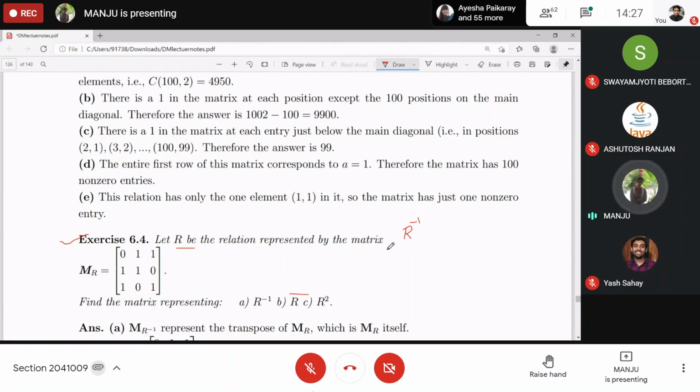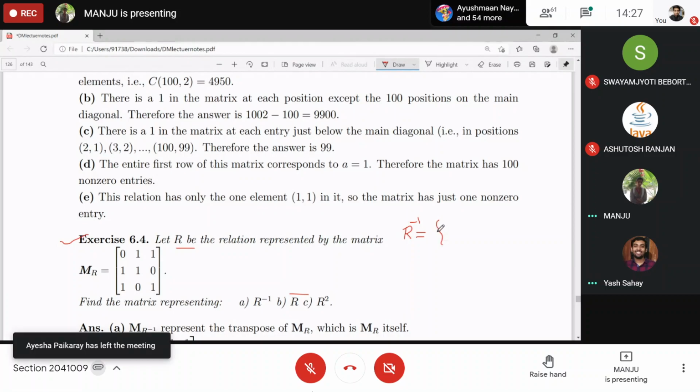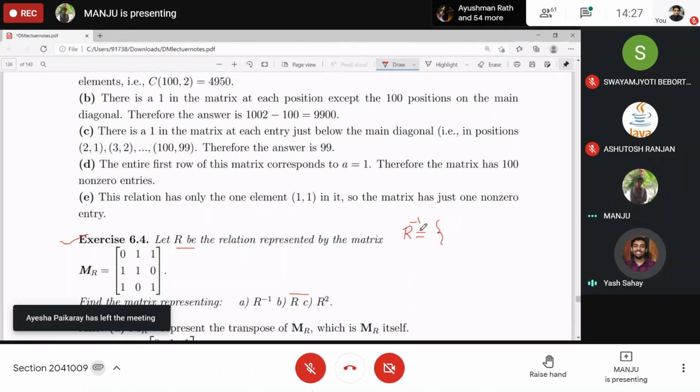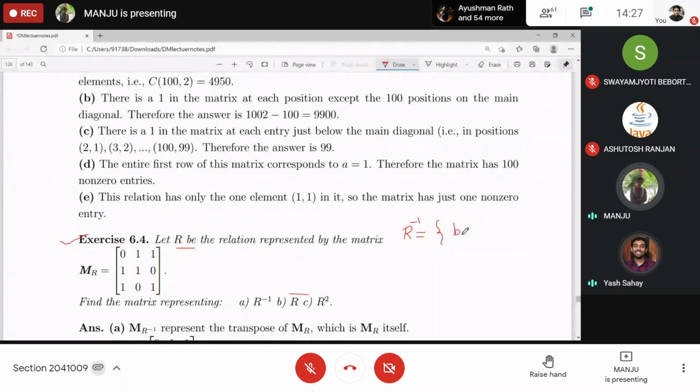If R is the relation from A to B, what about R inverse? R inverse will be the relation from set B to A, and the ordered pairs will be B comma A, where A comma B belongs to R. Good.